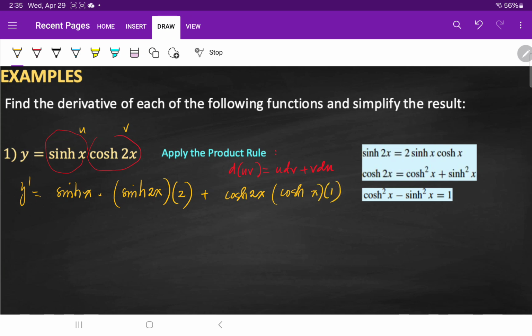So if we simplify, we get y prime is 2 hyperbolic sine x times hyperbolic sine 2x plus hyperbolic cosine 2x hyperbolic cosine x.